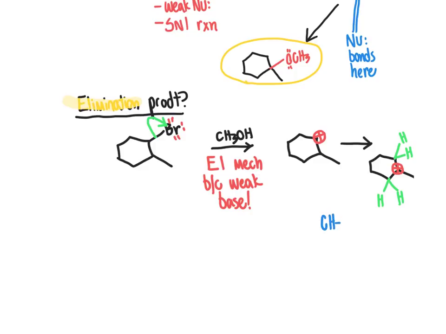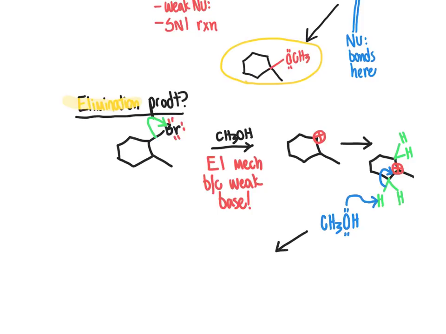So then we take our base here, and we refer to this as a base because it's going to be grabbing a proton there. And once that proton has been grabbed, at that same moment, the electrons from that carbon-hydrogen bond have to come over to make our alkene group. And then at that same moment, we will end up getting our product out of this.